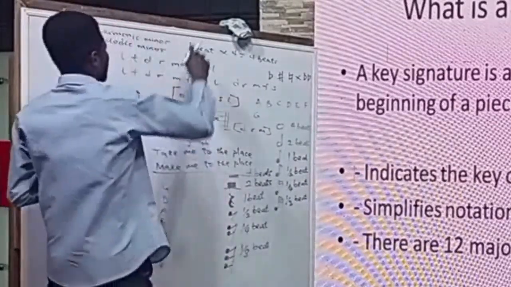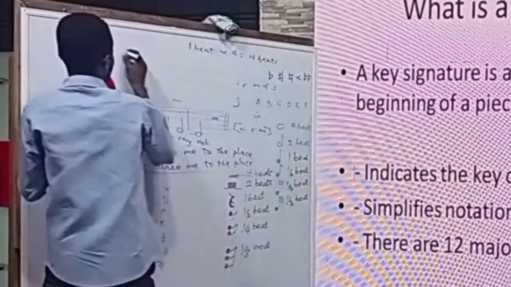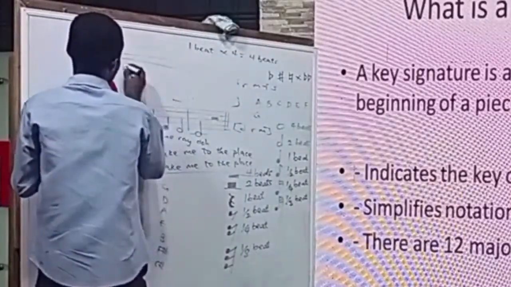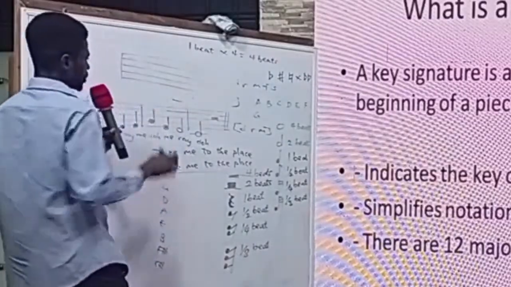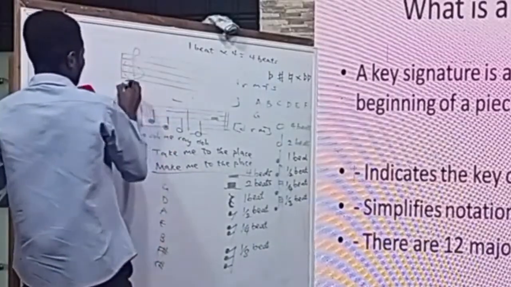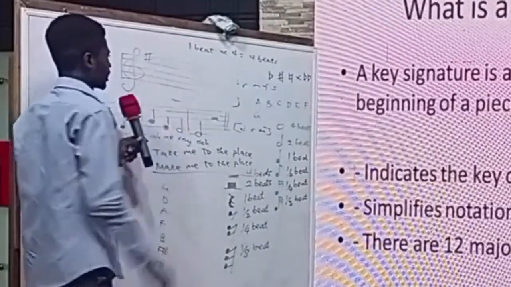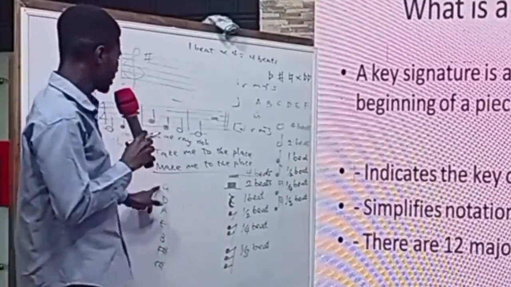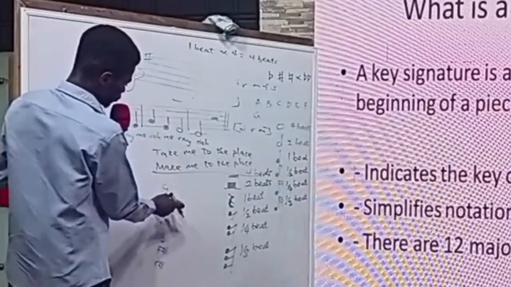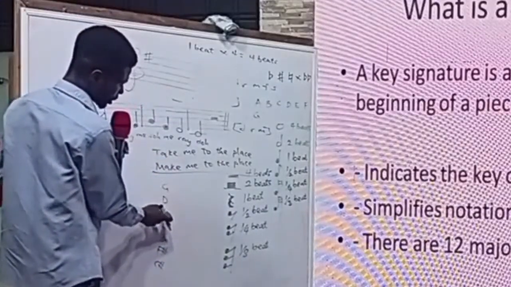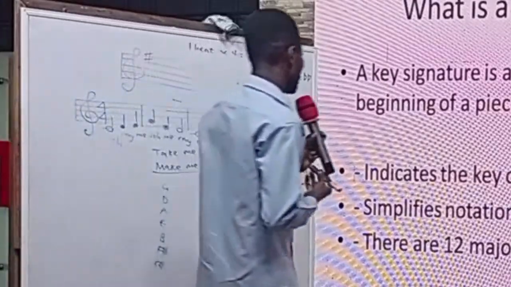You might have seen some musical compositions where, at the beginning, you see some flats or sharps. That is what we call the key signature, like this. This is indicating the key of G major. So 1 sharp is G major; when we have 2 sharps, that is D major; 3 sharps, A major; 4 sharps, E major, and so on and so forth.